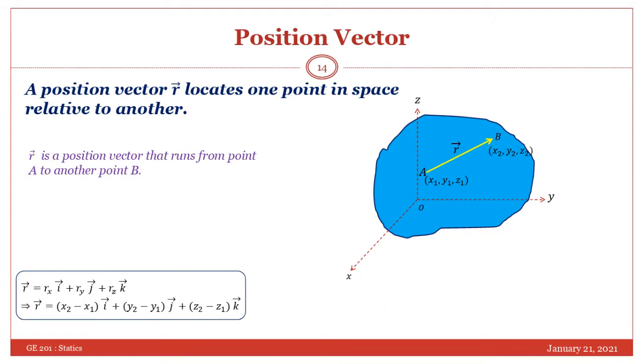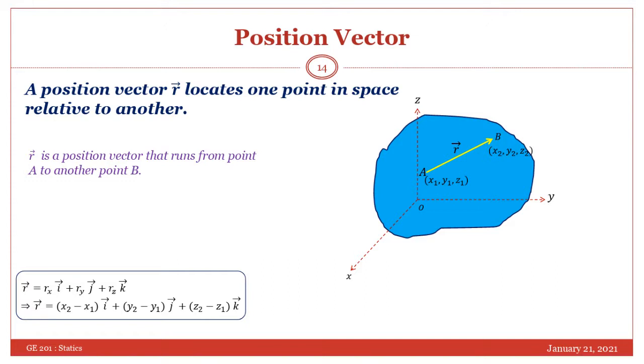Okay? Like here, this is A, this is B, and you are locating B relative to A, joining A and B by an arrow. So this will be called the position vector. Okay.